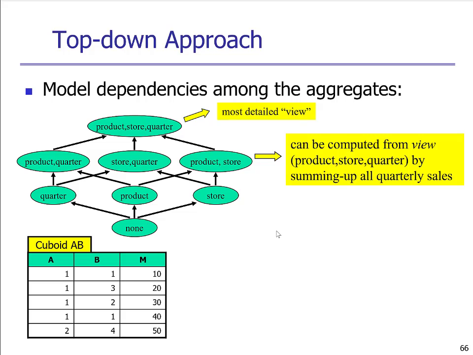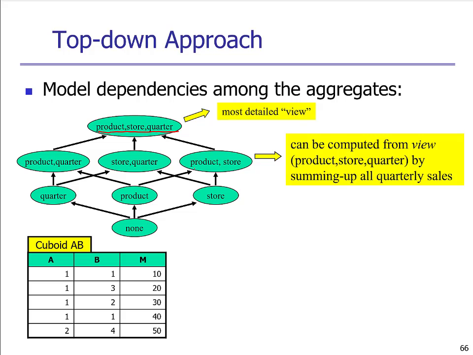So for the top down approach, we first model the dependencies among the aggregates, which is quite straightforward if we have the lattice of the cube. This is the original fact table, so it's also the most detailed view, if you like.